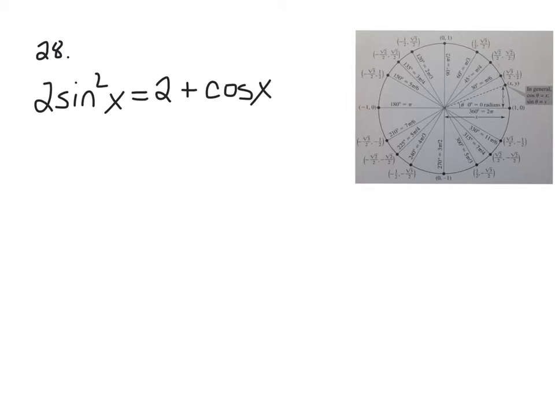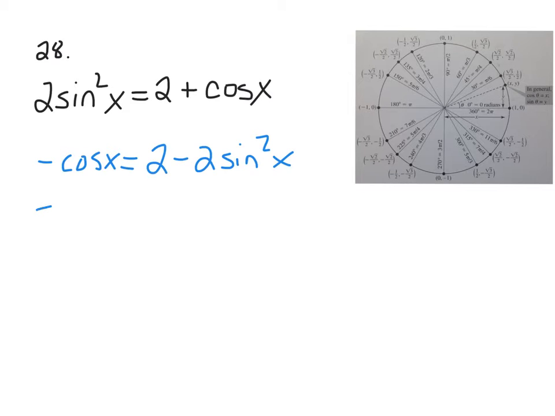So the first step I'm going to do, and maybe this doesn't work out, but I'm going to subtract this term over here and subtract this term over here at the same time, just to save a little room. So then I have negative cosine of x equals 2 minus 2 sine squared of x.